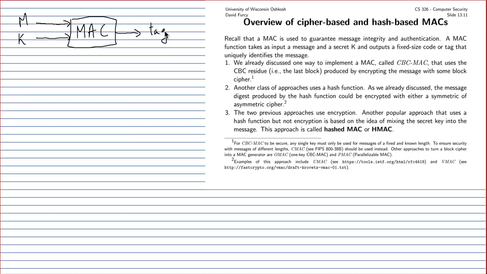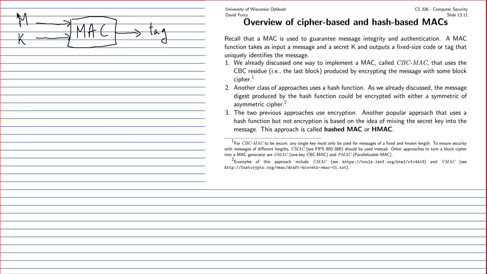So the sender would send the message and the tag, and then the receiver would be able to recompute the tag using the message and the key, and therefore check that the message was not compromised during the transfer and that the sender was indeed the other person who knew about the key K.